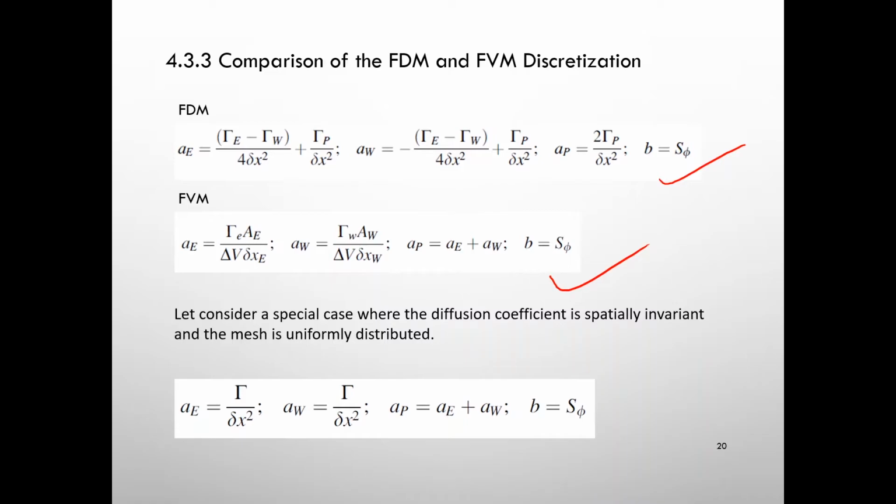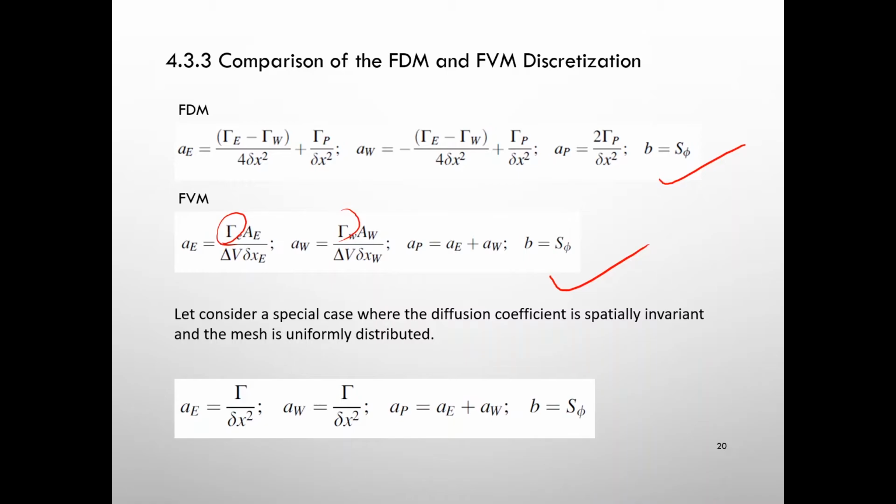They look different, but if we consider a special case where the diffusion coefficient is spatially invariant, which means that the diffusion properties at east and west are the same, and we assume that the mesh is uniformly distributed, all the property that comes in equals the property that goes out. We just simplify it that way so that it will be easier for us to do it manually. If it is not arranged uniformly, it is going to be very difficult to solve manually.